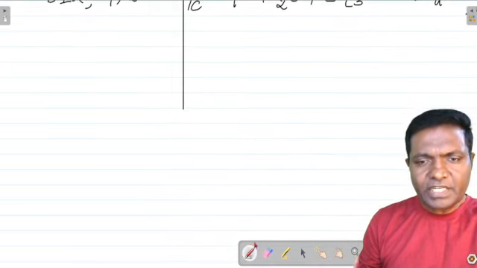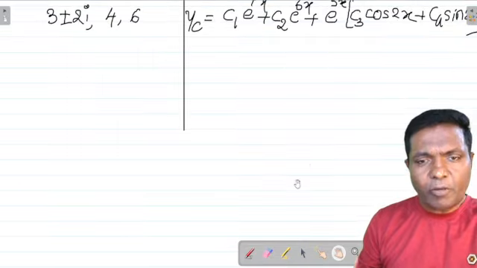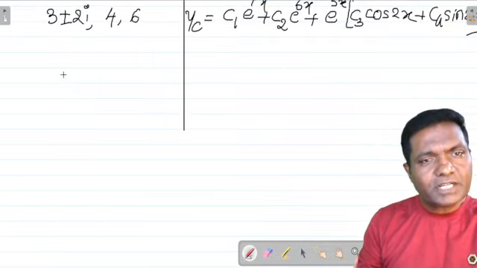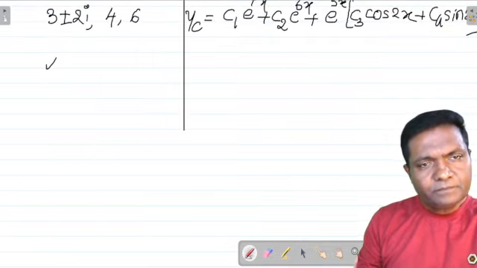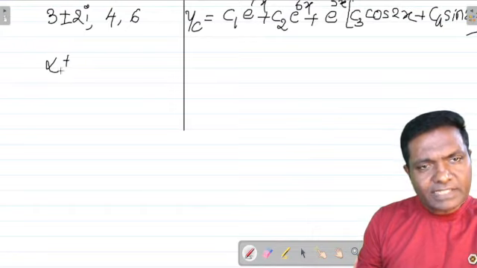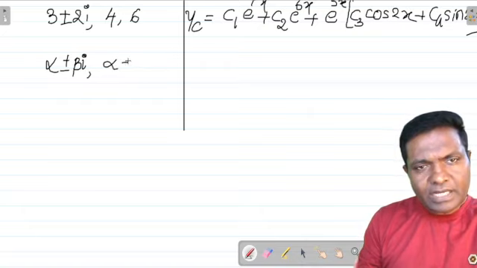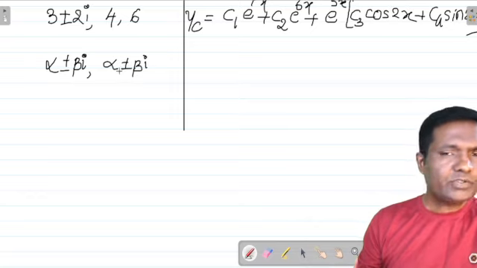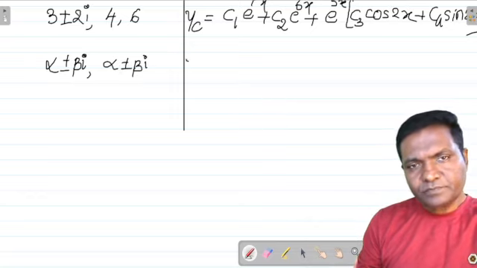And the last one: if the complex roots are repeated, for example, if you come across alpha plus or minus beta i, and another pair is also alpha plus or minus beta i, so repeated complex roots.